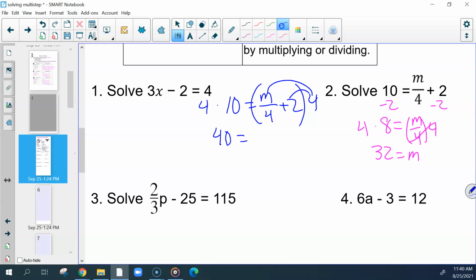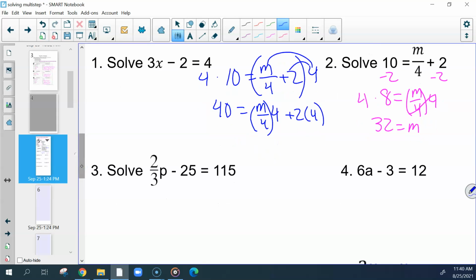When I multiply that 4 to the m over 4, really the 4s are going to cancel, but if you wanted to see that, I could write it like this. And when you know those 4s are going to cancel, you would have just m here plus 8.